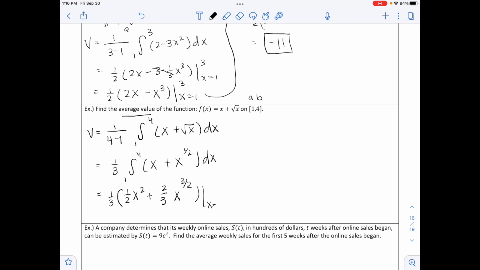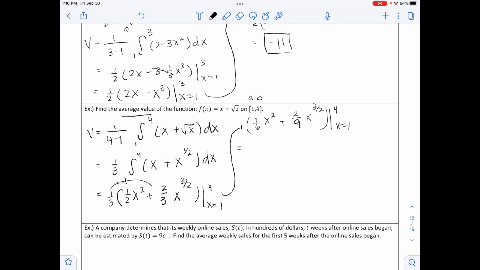And evaluating this from x equals 1 to 4. From here, I'm going to distribute that 1/3 just to kind of clean it up a little bit. So I get 1 over 6 x squared plus 2 over 9 x to the 3 over 2, and evaluating this whole thing from x equals 1 to 4.